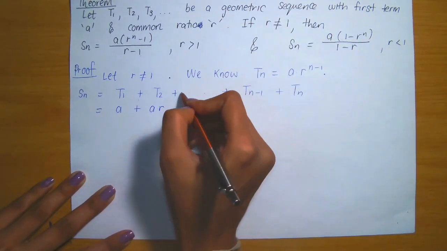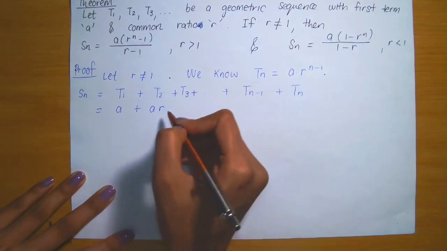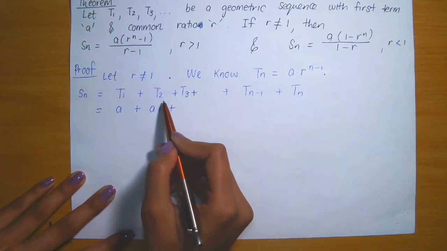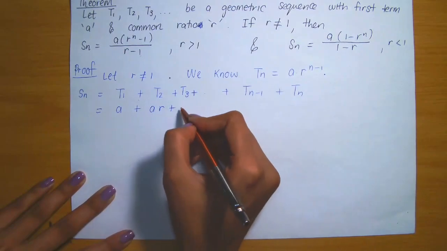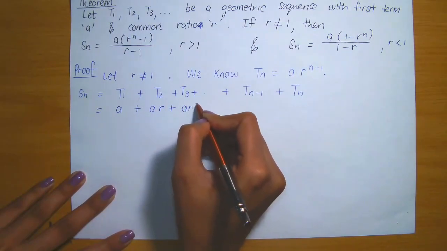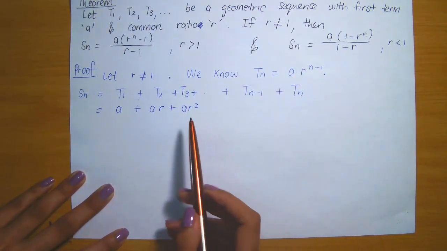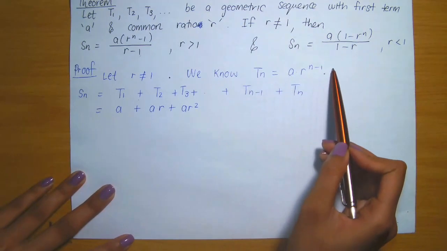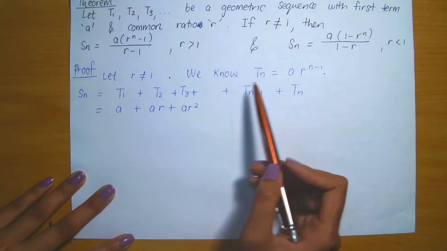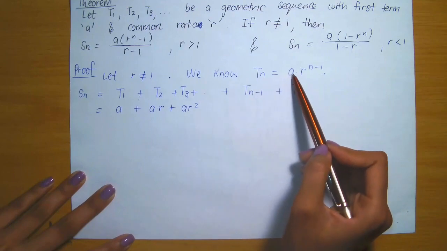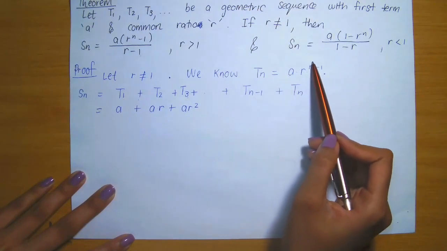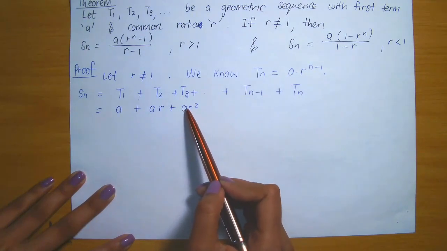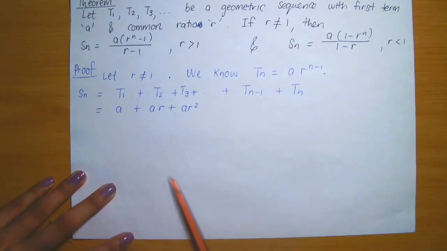We could also write down T3. That will be your second term multiplied by the common ratio r, so it's a times r squared. Or we could use our general formula. T3 equals a times r raised to the power 3 minus 1, which means it is a times r squared.